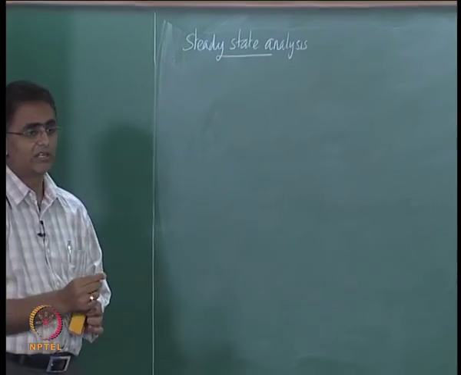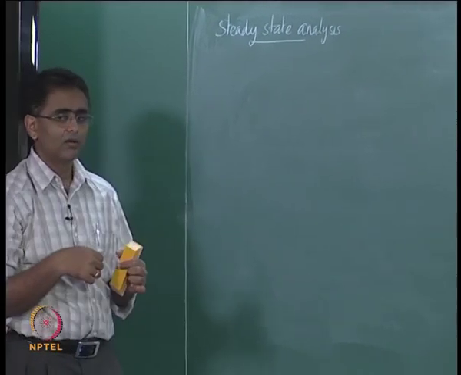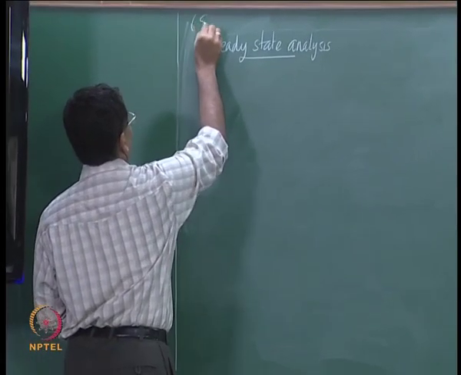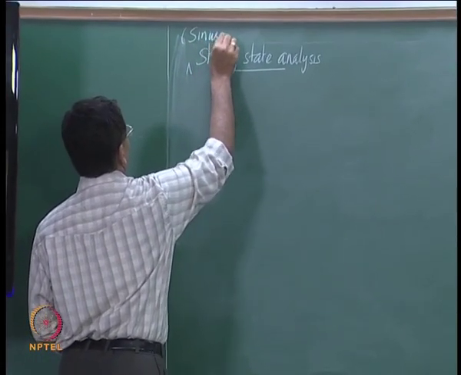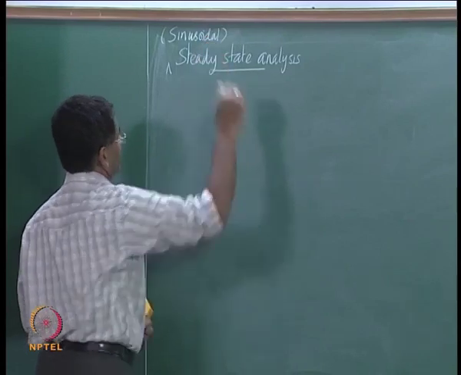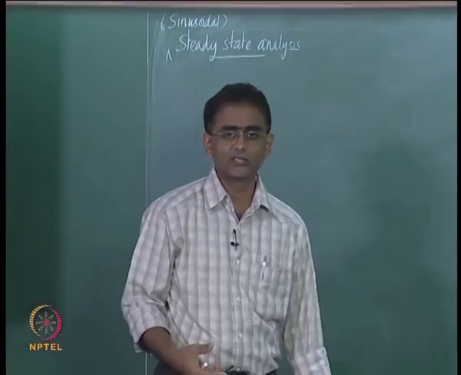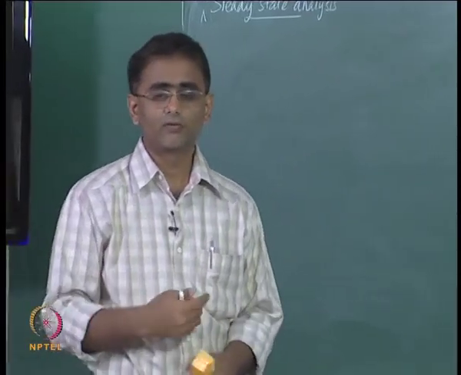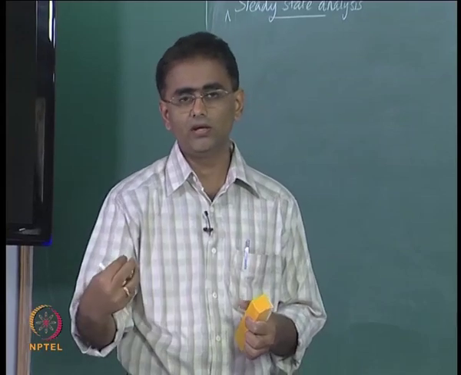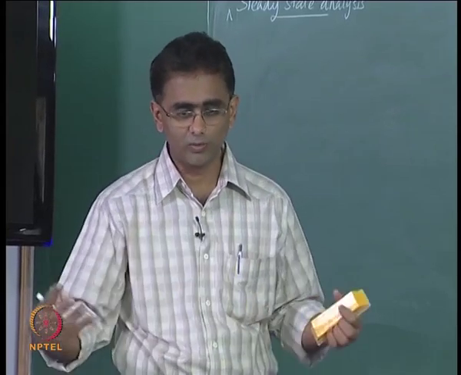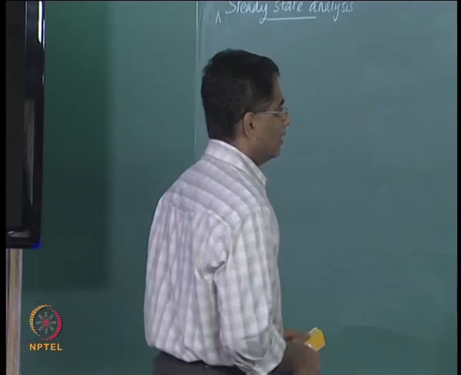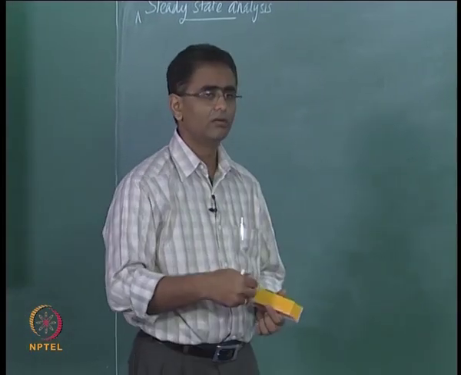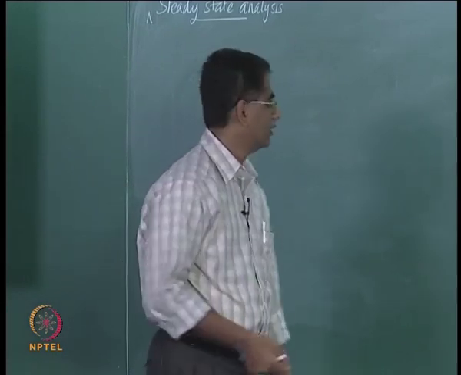When we say steady state analysis, what we automatically assume is we are looking at sinusoidal steady state analysis. That means the voltages that are applied to the machine are pure sinusoids, and therefore the responses IAS or IBS, ICS, they will also be pure sinusoids, and you do not have any speed variations, right.